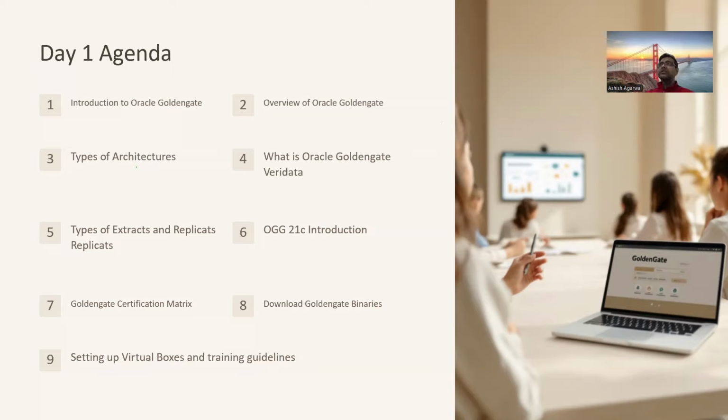So the day one agenda includes: today's session, we are going to discuss introduction to Oracle GoldenGate, overview of Oracle GoldenGate, different types of architectures of Oracle GoldenGate. We'll introduce Oracle GoldenGate Veridata, different types of extracts and replicats, GoldenGate 21C introduction, then how to read the certification matrix, how to download GoldenGate binaries, then the prerequisites, how to prepare your environment for Oracle GoldenGate, like how do you decide how much RAM is required, how much memory is required, all those things we'll discuss.